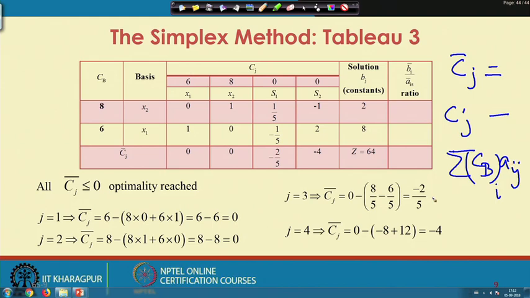So, following these expressions you can find for S1 as well as S2 and you get the values as minus 2 by 5 and minus 4.